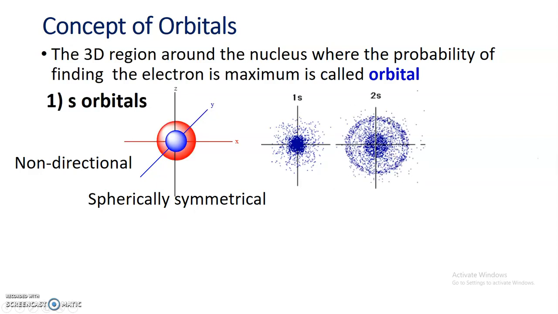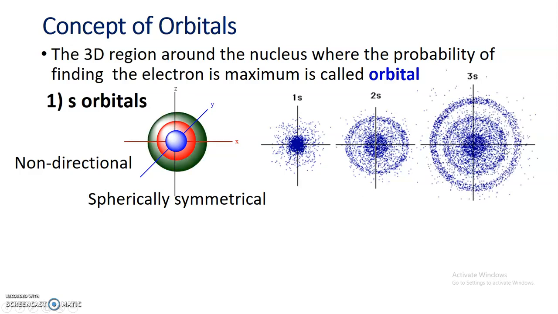This is the 2s orbital. The size of the 2s orbital is larger than the 1s orbital. The orbital highlighted in red is the 2s orbital, and this is the 3s orbital. In this way, the size of the s orbital increases from 1s to 2s to 3s to 4s.